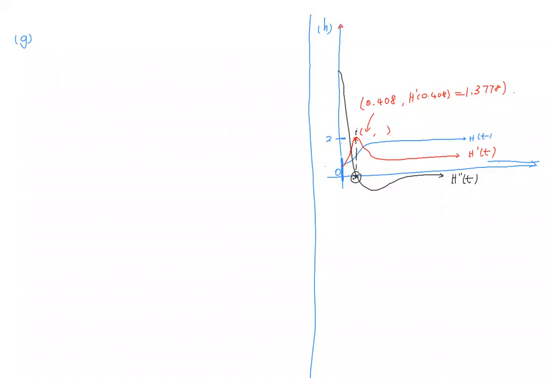Okay, now we go back to using your graphic calculator. Determine the value of t when H''(t) equals 0. So H''(t) equals 0 when t equals 0.408 week.